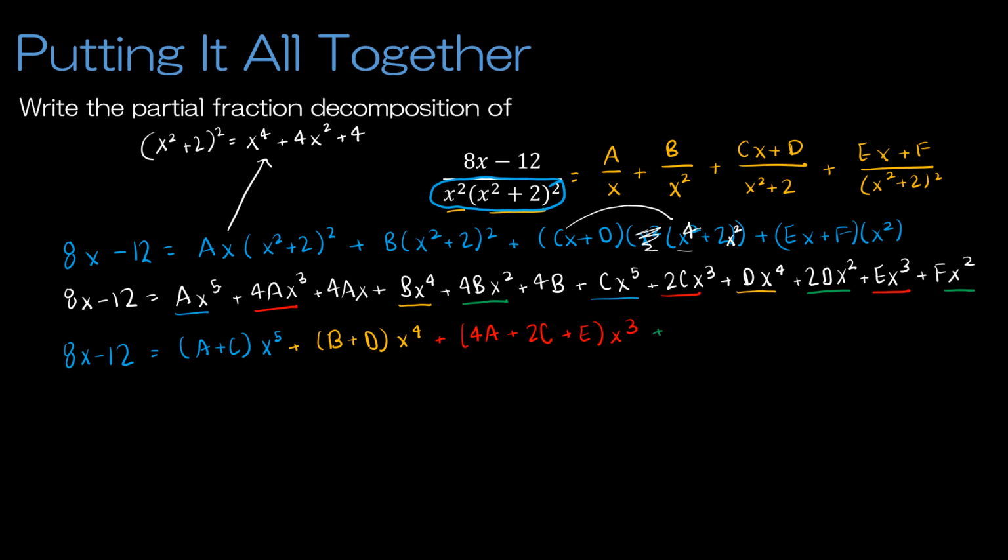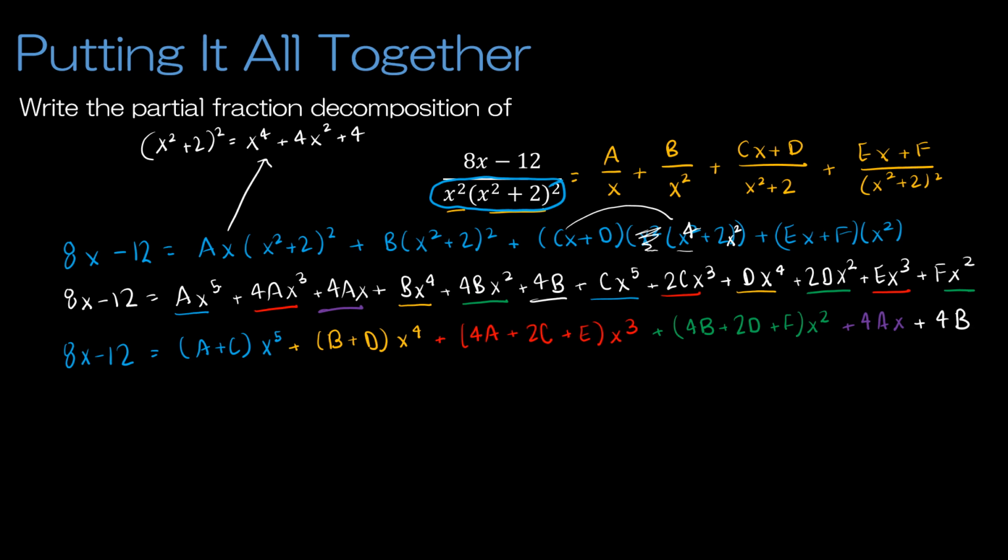That gives me plus (4b plus 2d plus f) x squared. And then I've got a 4ax, not the 4b. So plus 4ax, and then plus 4b. Woo! Look at all of this fun we get to have.